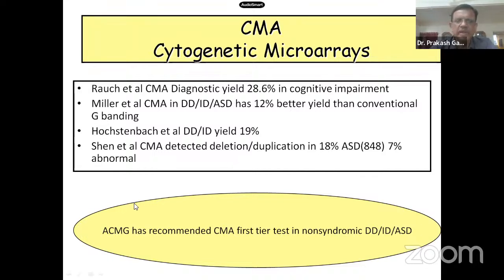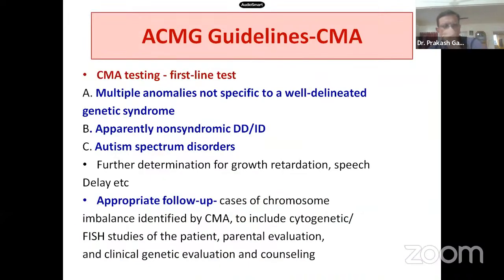So the American College of Medical Genetics, which is the body that gives us very useful guidelines, has recommended that CMA should be the first tier test in non-syndromic cases. Non-syndromic means you cannot know by looking at the patient which condition is there. Otherwise, you would use only that particular investigation. So for non-syndromic developmental delay or autism spectrum disorder, ACMG guidelines presently are telling us this. I'm sure that they are going to change it in a few months' time.